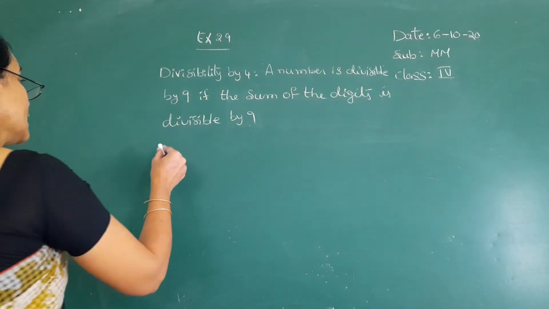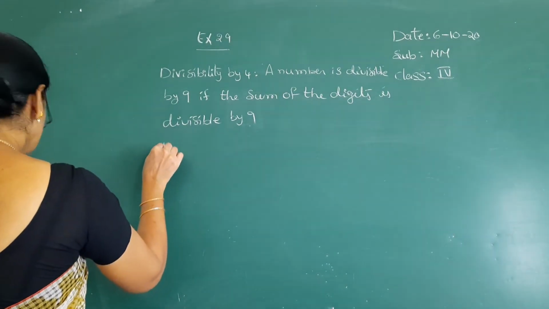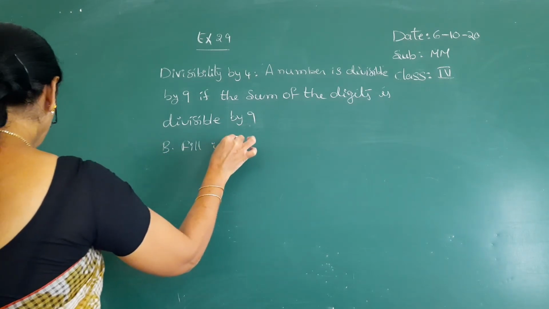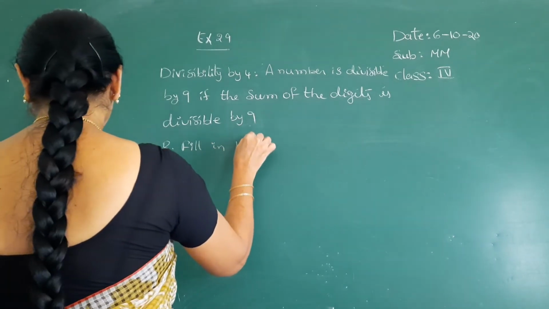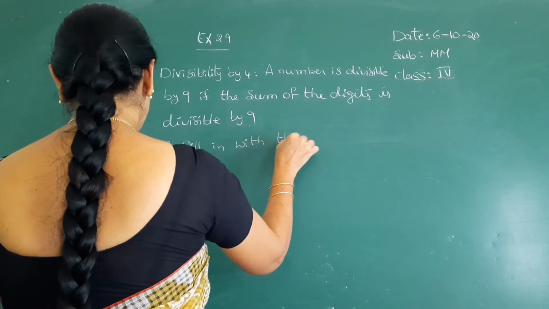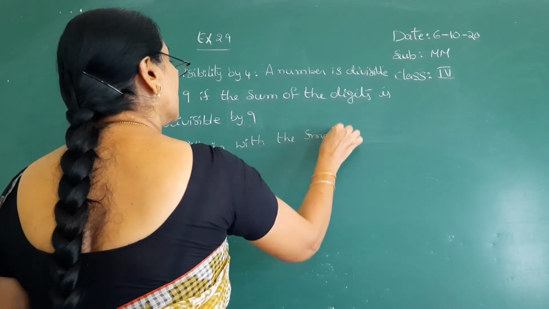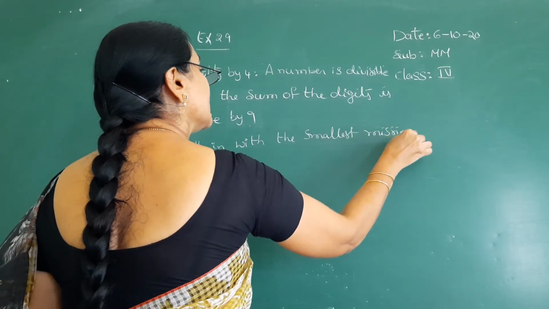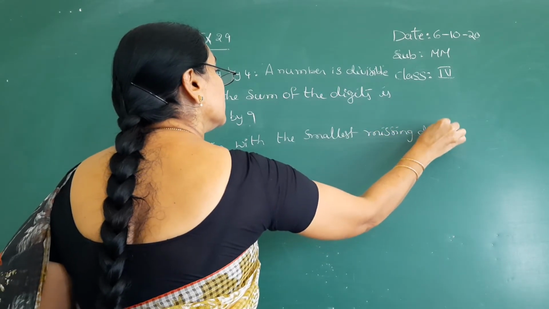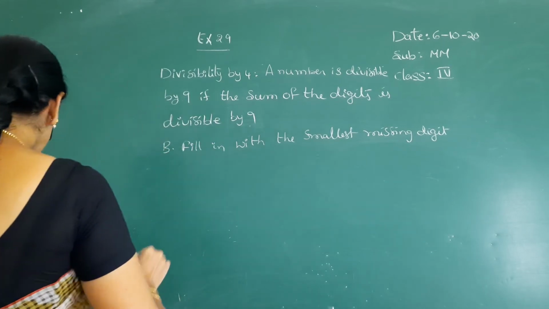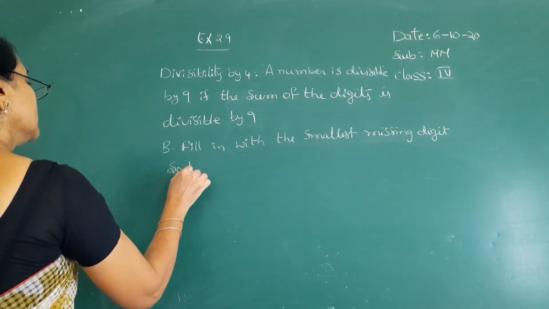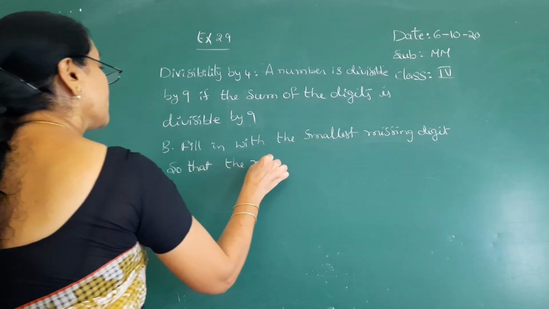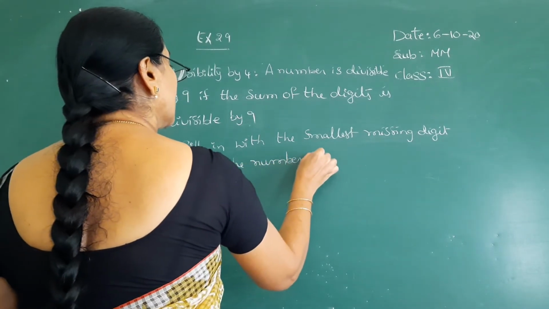See the next one. They are asking to fill in the smallest missing digit so that the number is divisible by 9.